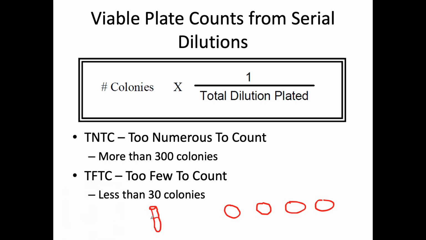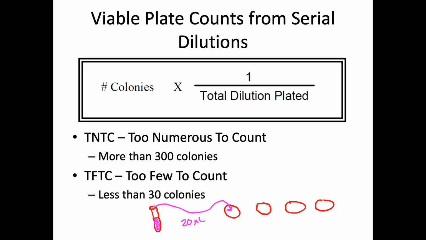Make it magenta. So there's bacteria here in this sample, and so you would take out of this a certain amount of sample, let's say 20 microliters. You would plate that.